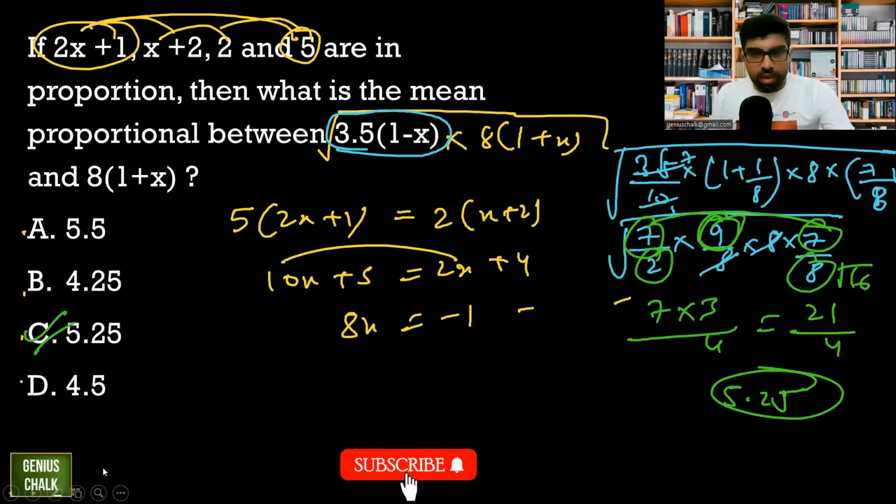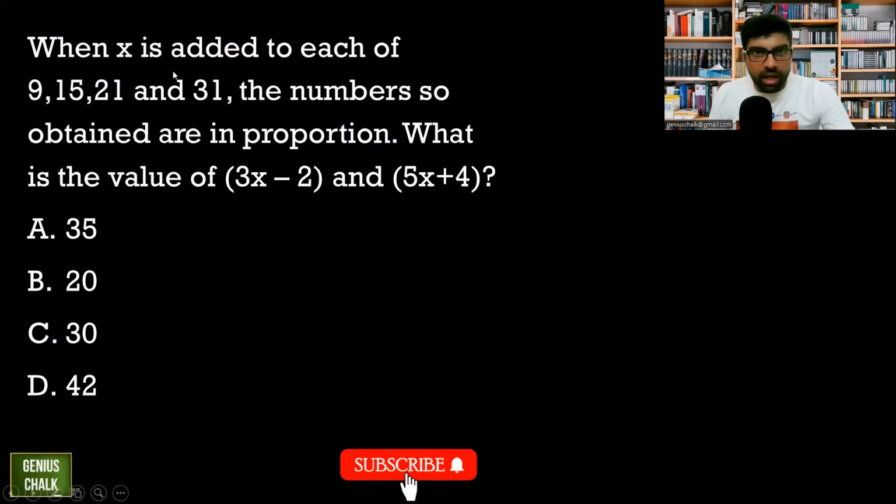Option C. Next one, when x is added to each of these numbers, then find the value of this. Now you see, in this question, the answer is coming in integer. That means this x must be a proper integer value. Again, the proportion. What is the mean proportional of this and this?